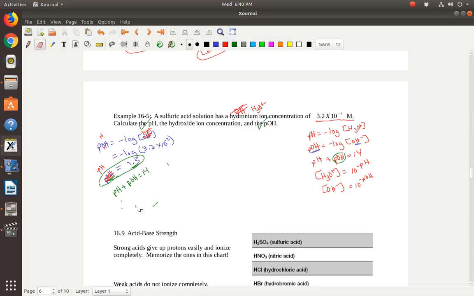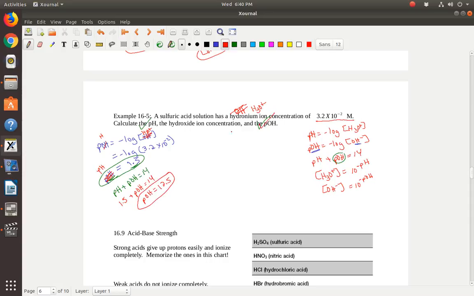Sorry about that. Ooh, the class is yelling at me. There you go. So the hydronium ion concentration is this. Alright, so now we know the pH is 1.5. So that means that the pOH is 12.5.